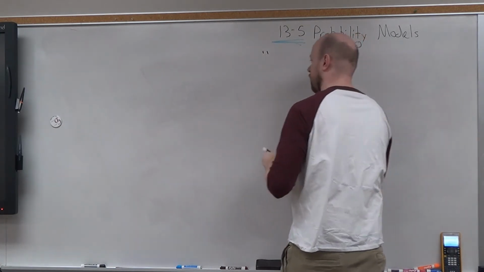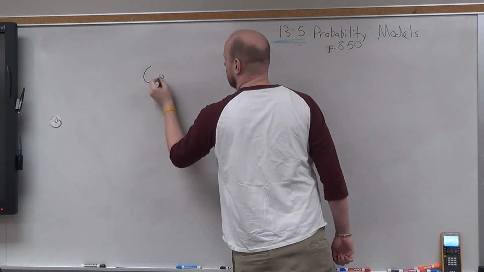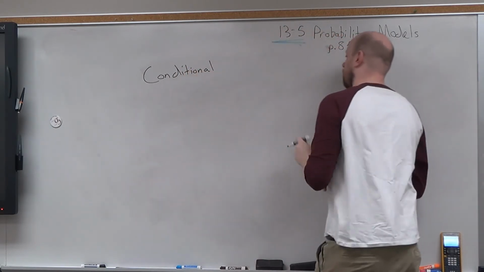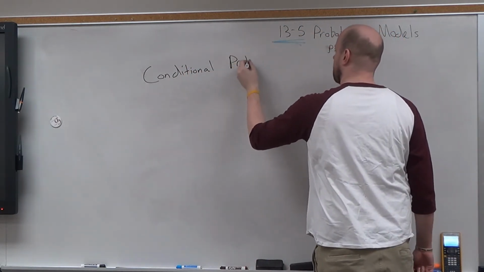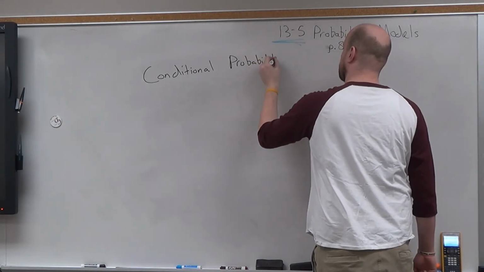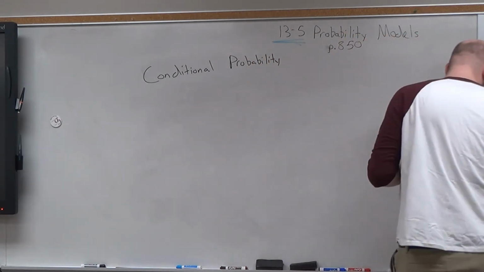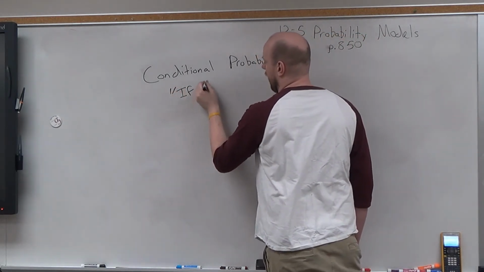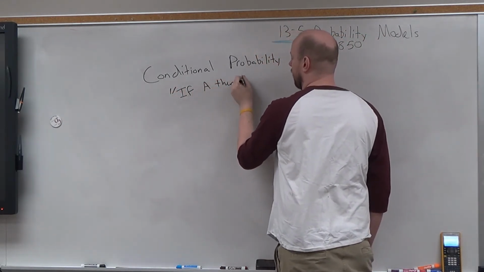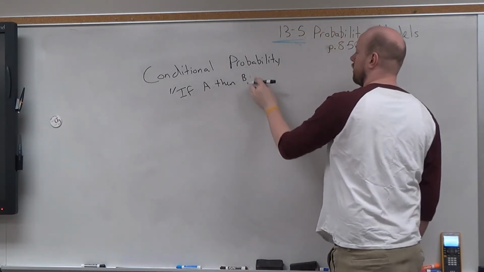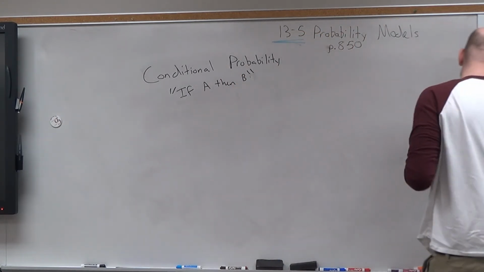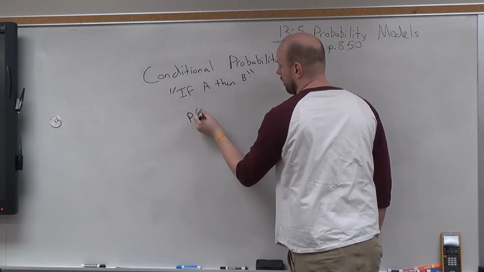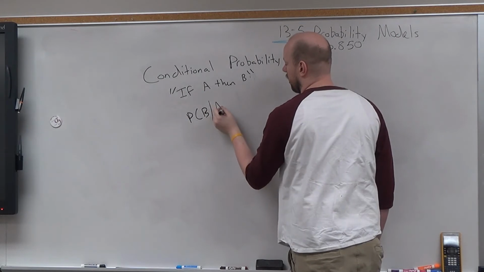A conditional probability is this idea of if A, then B. The way we write that is P(B|A).